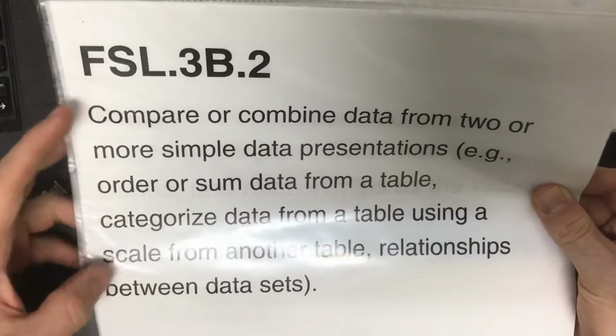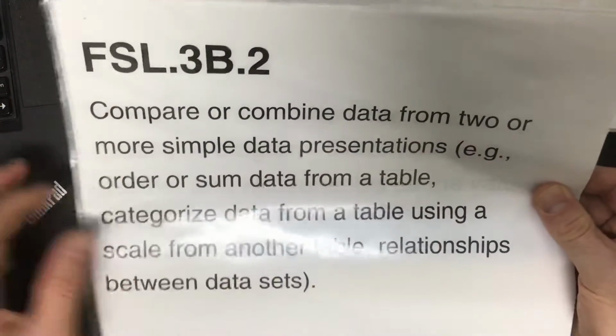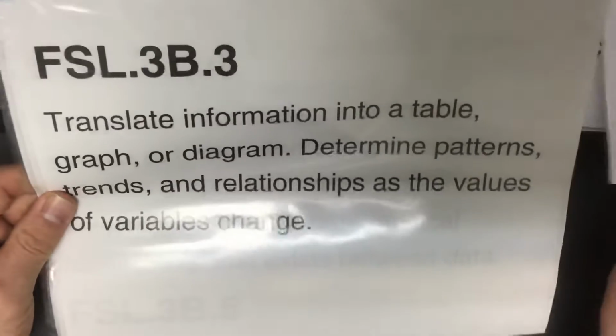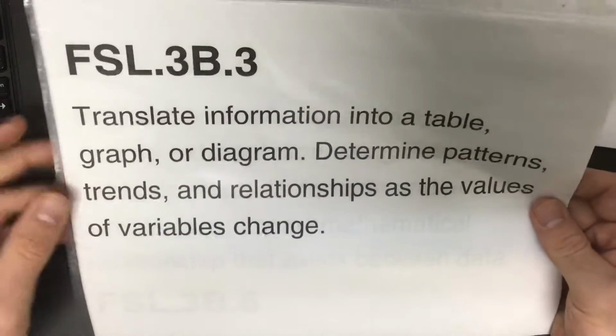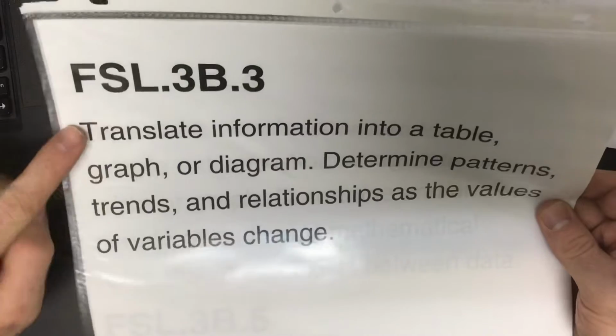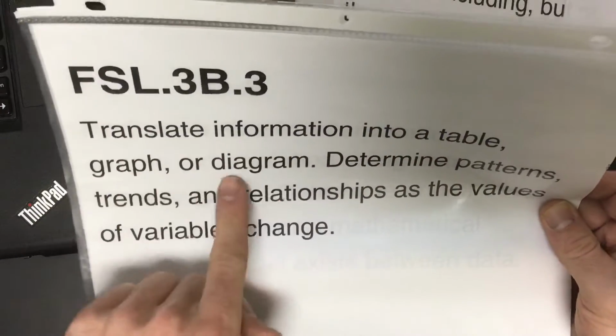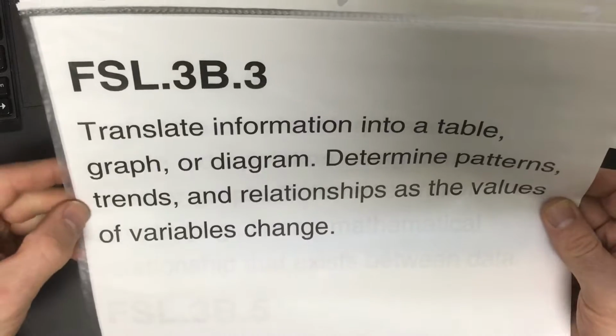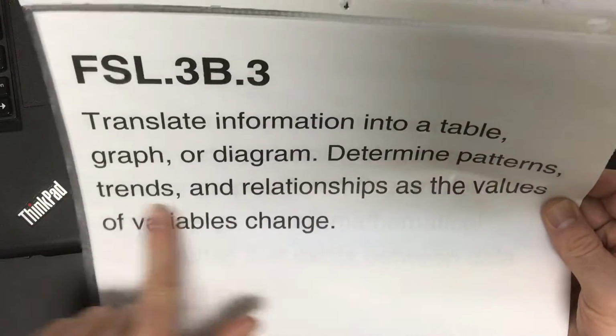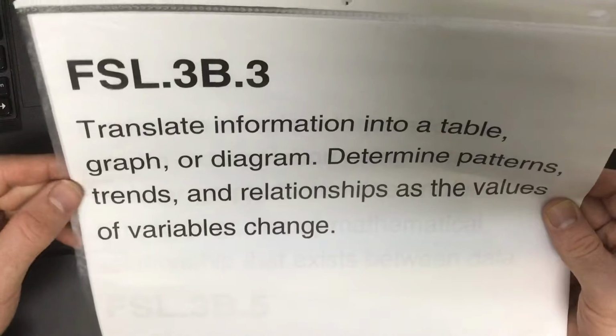So we're going to first work with simple data presentations, and then we're going to manipulate information, basically. And so we're going to take that information and put it into graphs and diagrams. Then we're also going to be able to see what those patterns are.